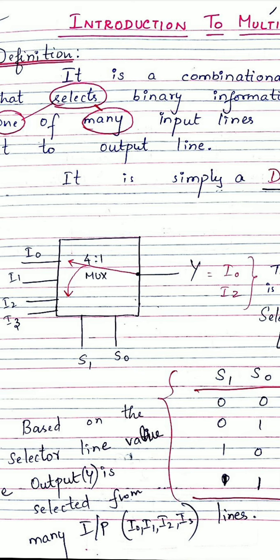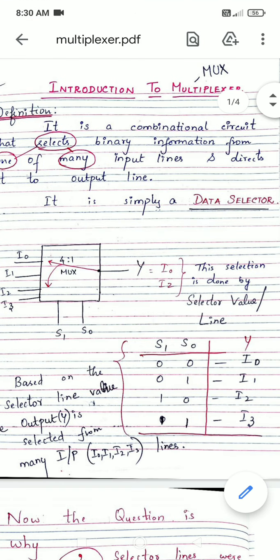So for selecting one channel out of many, you use a remote control. In the same way, for doing this selection, I am having selector values, otherwise called selector lines.